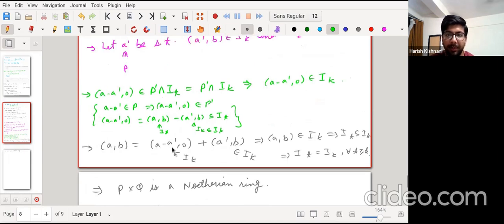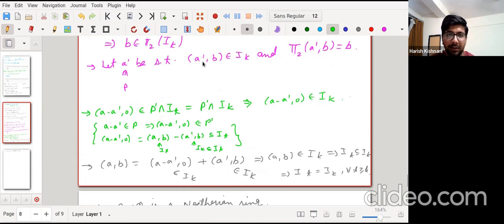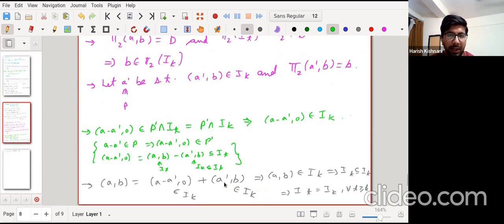Here we have just seen, this is inside IK and A dash comma B is inside IK from here. You can see that we need to write this element as a sum of two elements, and the first element we get inside IK due to the termination of this projection chain, and the second element is obtained due to the termination of this intersection chain.